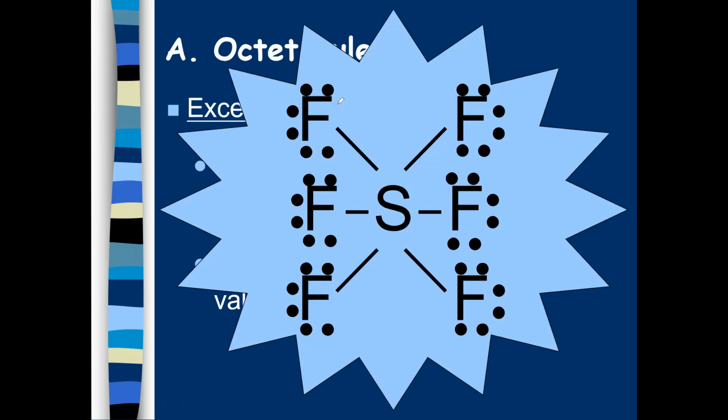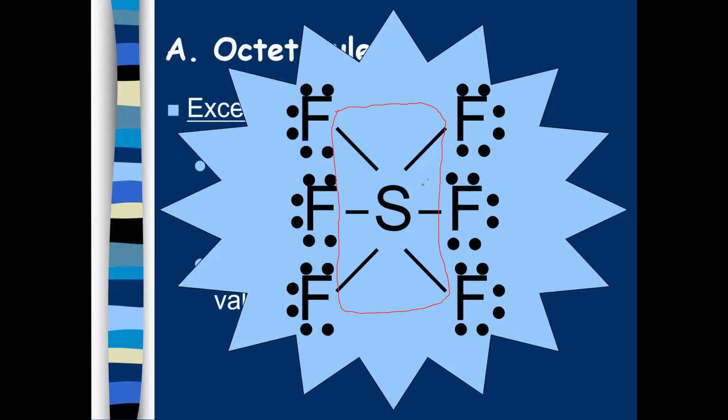If we were to circle these, you can see that you have 2, 4, 6, 8, 10, and 12 electrons around it. So it's defying the octet rule. It's actually called an expanded octet because it has 6 pairs around it rather than only 4. Sulfur is one of the elements that can expand its octet.